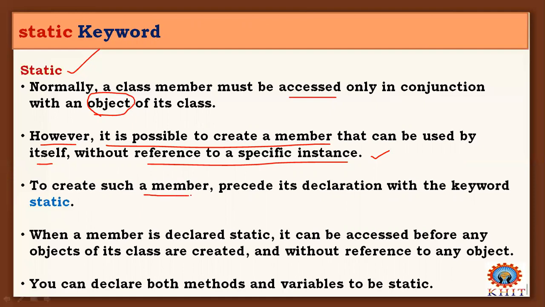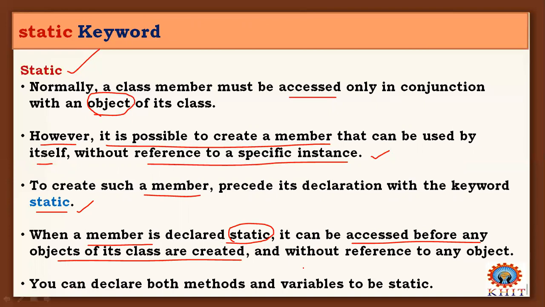To create such a member, precede its declaration with the keyword static. Like the previous one, final int x, where the variable x is final. In the same way, static int x means x is a variable of type int declared as static. When a member is declared as static, it can be accessed before any objects of its class are created.